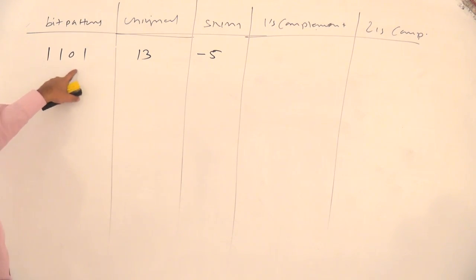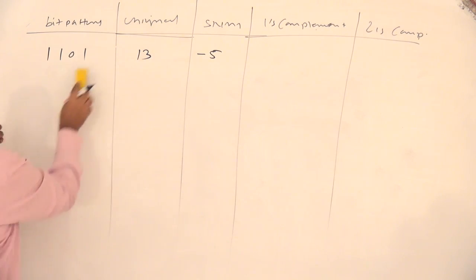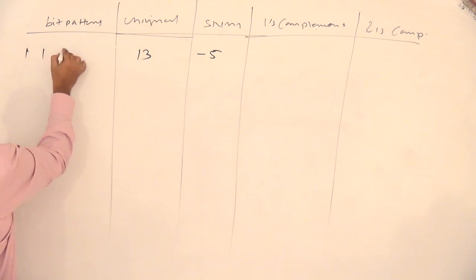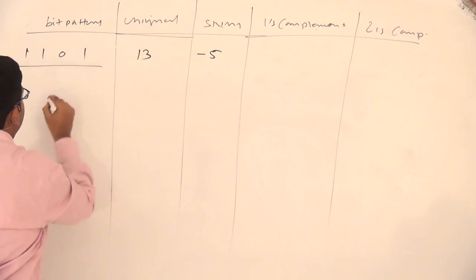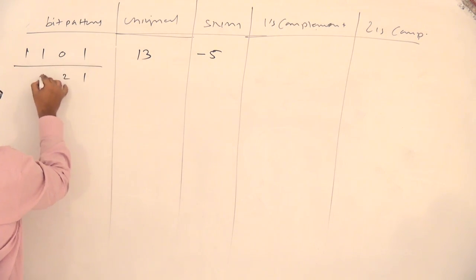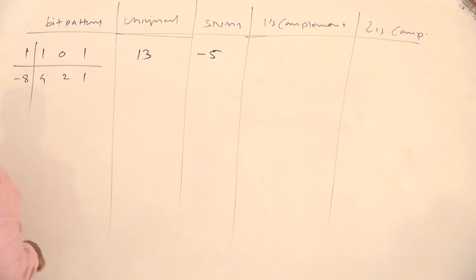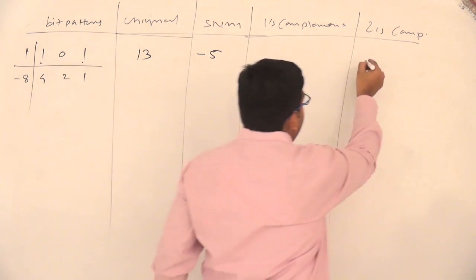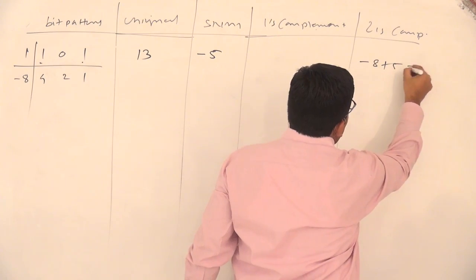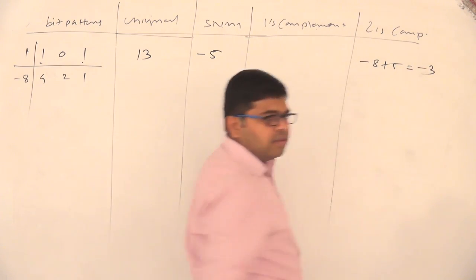Now to find out the value of 1 1 0 1 in 1's complement, first of all we will calculate in 2's complement. In 2's complement the place values will be 1, 2, 4 and minus 8. Now if you add them together, this will be minus 8 plus 5, which comes out to be minus 3.